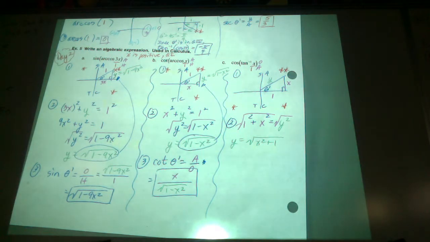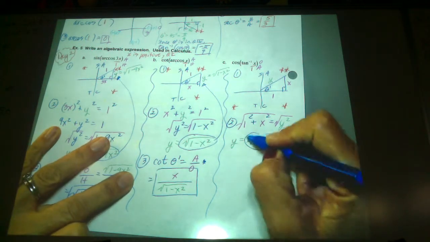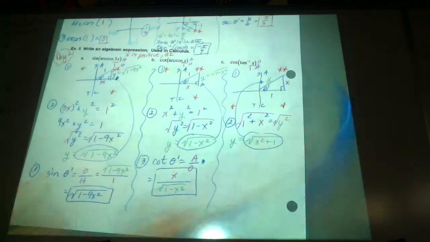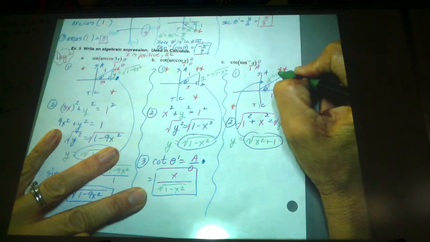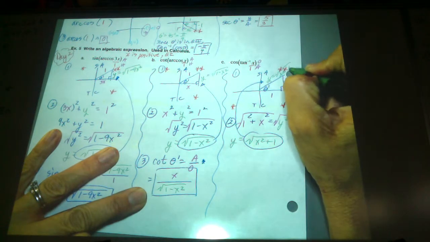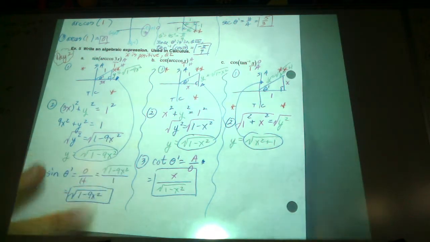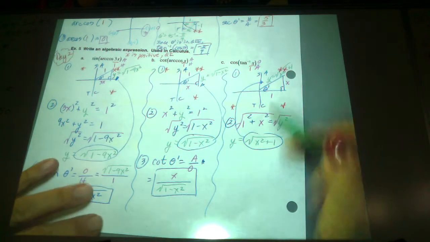And again, I cannot take the square root of x squared and 1. And x squared plus 1 is not factorable. This is not a perfect square. It's very simplified. So this becomes my value for y. And so y is equal to the square root of x squared plus 1. Hard to read a little bit there, but it's x squared plus 1.